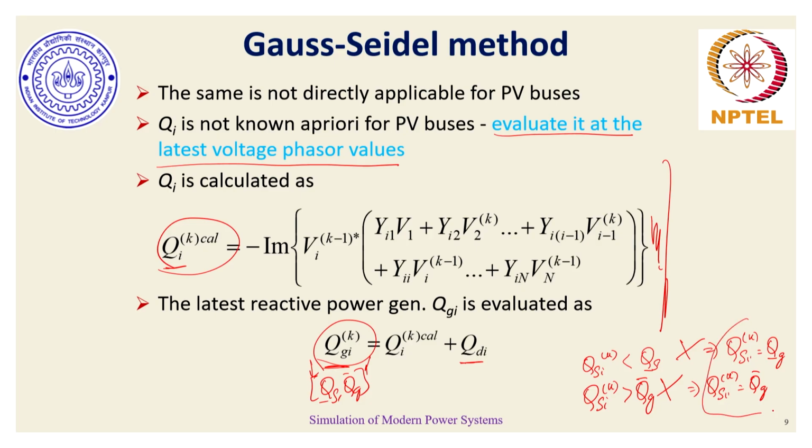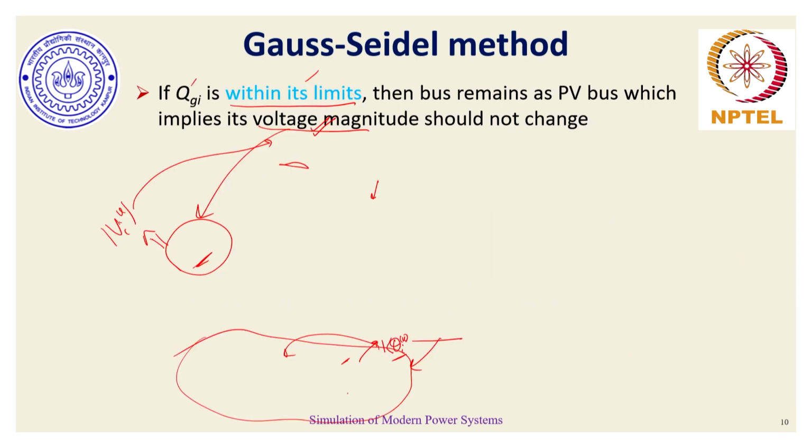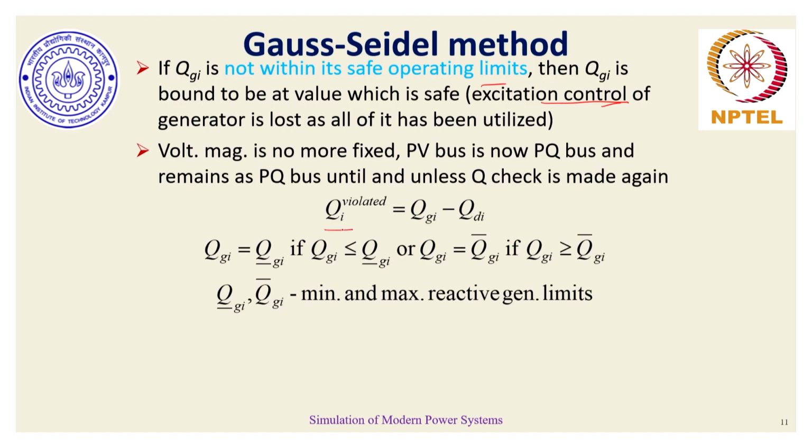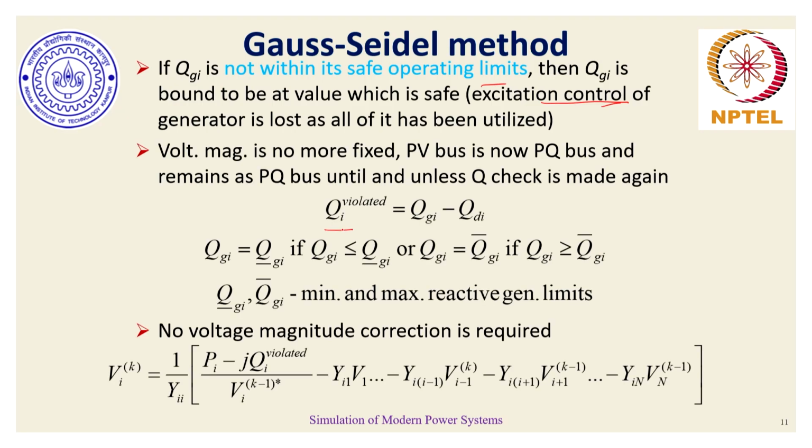If QGi becomes frozen depending on the violated limit, demand is known. Indirectly, we are now freezing the Q injection for every such PV bus, essentially meaning that the PV bus now has to become a PQ bus. So, when the violation happens, we find the corresponding Q limit, use this Q value which has been frozen or fixed depending on which Q limit is being violated, and use that to find the corresponding voltage update.